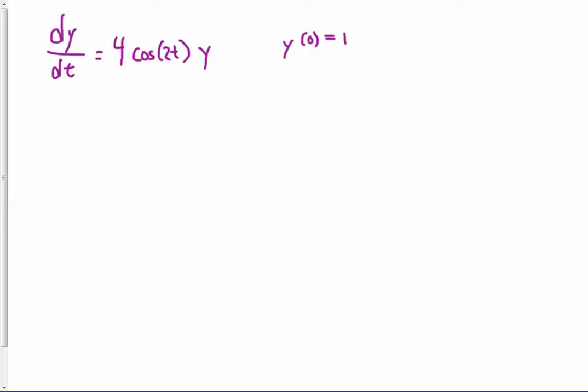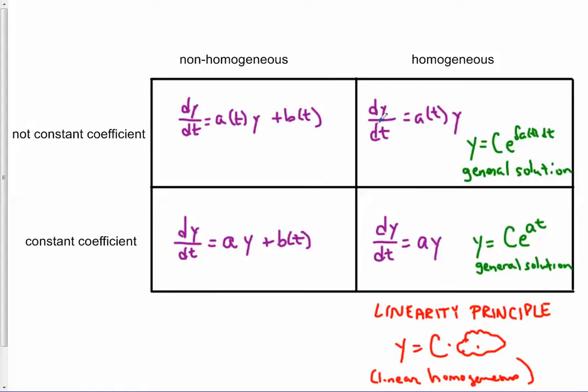Let me do an example of a linear differential equation that is homogeneous, not constant coefficient though. dy/dt equals 4 cosine 2t times y. So we're in this box, right? We just have some stuff with t times y, and we know that the general solution looks like this.